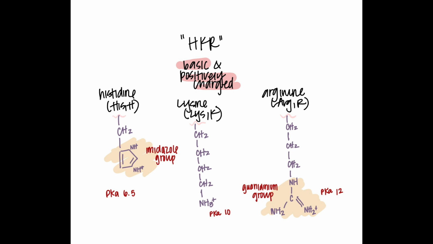For histidine, it's 6.5, lysine is 10, arginine is 12, which makes sense, right, if they're basic. And lysine and arginine are cationic, so they are protonated at physiological pH. At 7.4 physiological pH, histidine, though, can either be protonated or deprotonated, which makes it a readily available proton acceptor/donor, which is why it's prevalent at protein active sites.